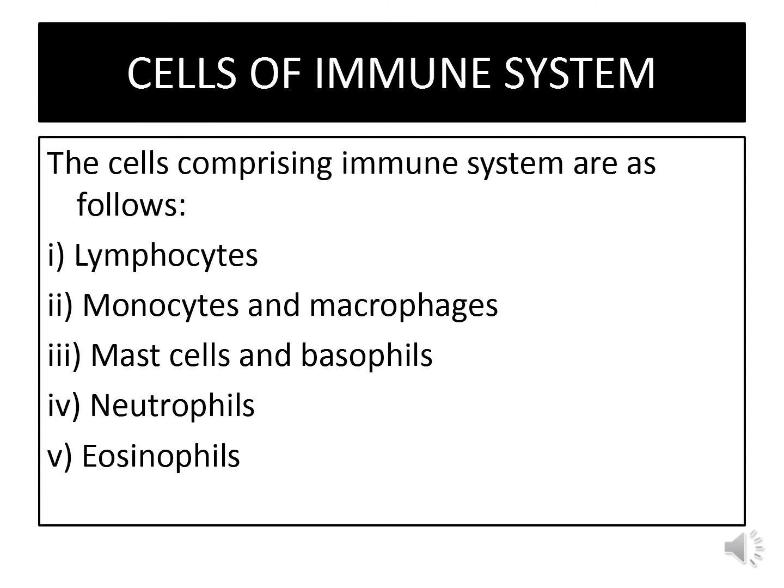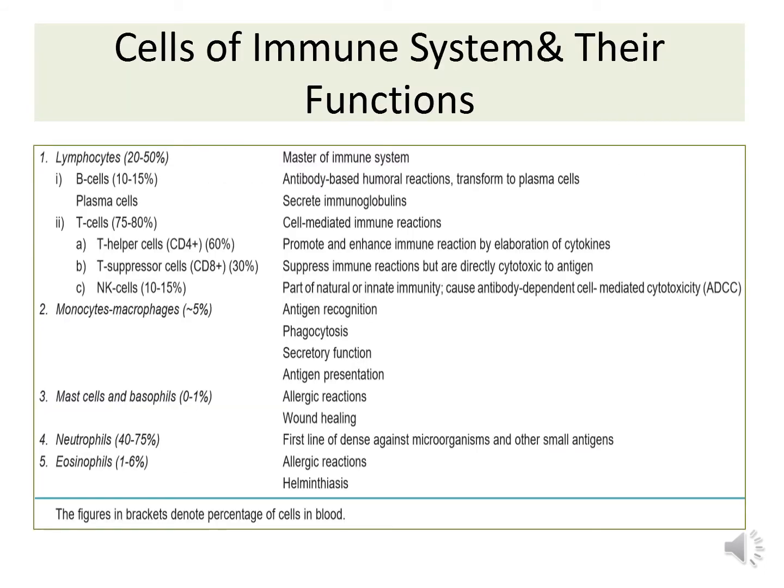The cells comprising the immune system are as follows: lymphocytes, monocytes and macrophages, mast cells and basophils, neutrophils, and eosinophils. All these cells are involved in immune system reactions. Lymphocytes: the percentage of them in blood is between 20 and 50%.